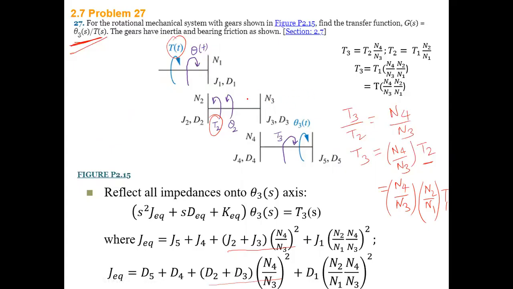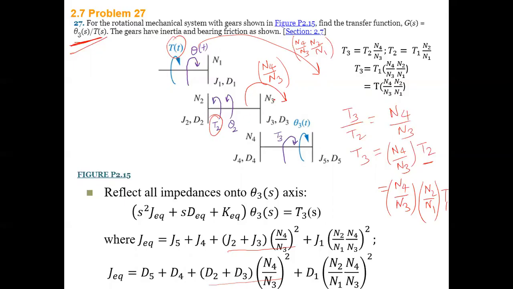So if you go from T2 to T3, you do N4 over N3, right? If you go from T1 to T2, you do N2 over N1, right? This is the case of T, torque.